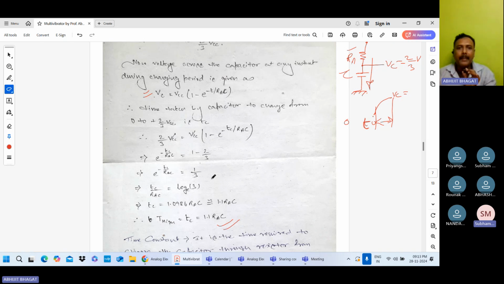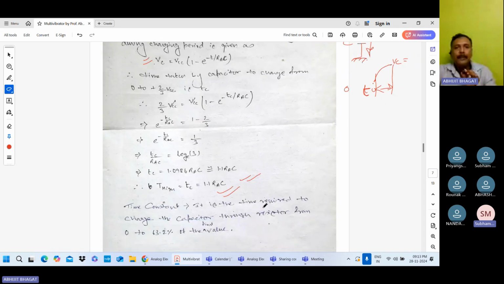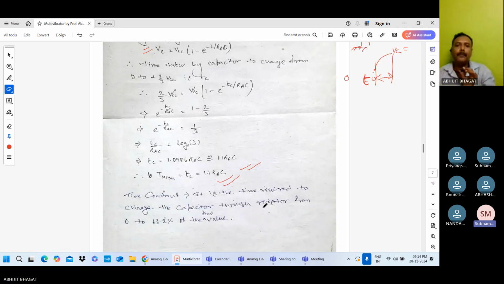From this you will get the TC, and TC is equal to T high, and it is equal to 1.1 into RAC. Clear it is? Yes, no? क्या बात है, सन्नाटा क्यों है इतना? क्या प्रॉब्लम है बोलो, मैं डिराइव कर दूंगा, सामने ही है. जहाँ स्टेप नहीं समझ में आ रहा है बोल दो.